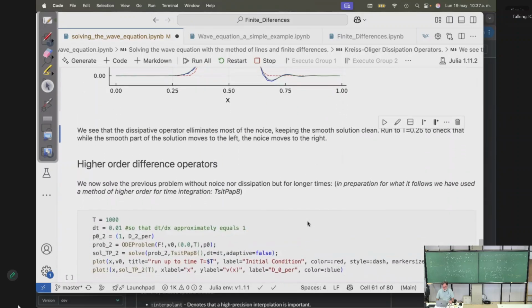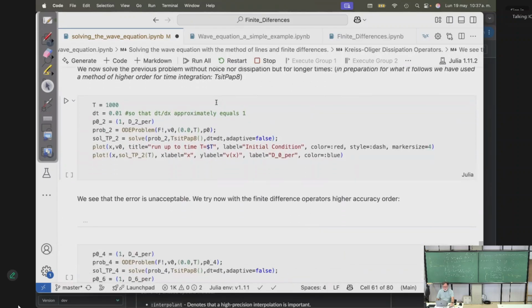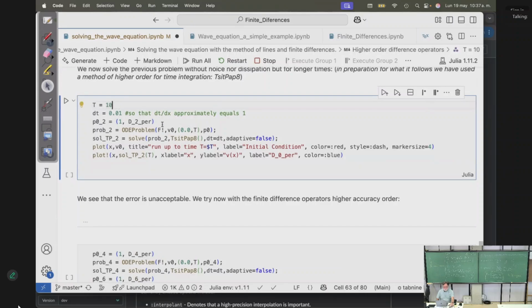Okay, what happens if you have a smooth solution, or you smooth it out with the Kreiss-Oliger and want to have more precision? Let's first do the following. Instead of solving up to 1, let's solve the problem with the second order center difference, but up to t equal to 10.